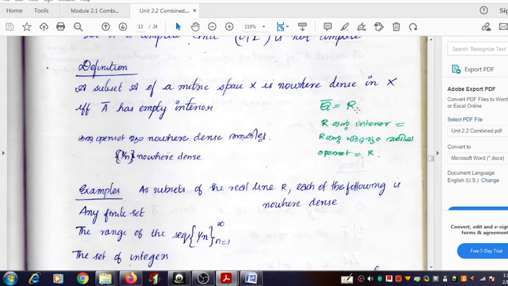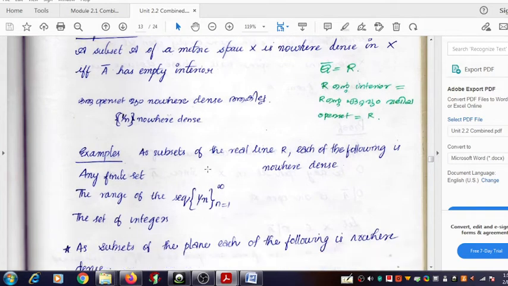The interior of the real line is R itself. So it contains infinitely many open sets, and so the subset Q, the set of rationals, is not nowhere dense. Therefore, it is an important example.